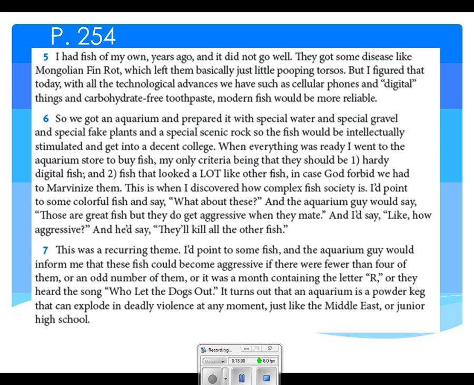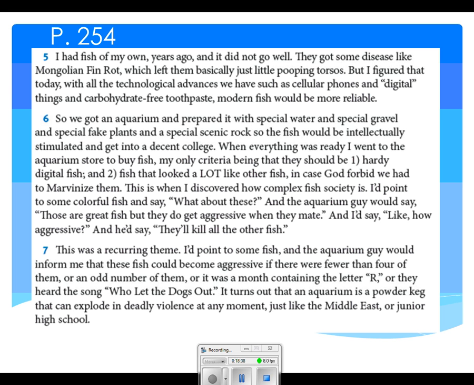So we got an aquarium and prepared it with special water and special gravel and special fake plants and a special scenic rock, so the fish would be intellectually stimulated and get into a decent college. When everything was ready, I went to the aquarium store to buy fish, my only criteria being that they should be, number 1, hardy digital fish, and number 2, fish that looked a lot like other fish, in case, God forbid, we had to Marvinize them.